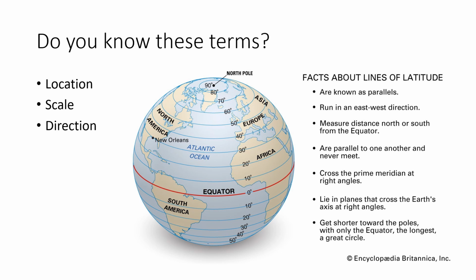So we as geographers know that the equator is at 0 degrees. Okay, so it's neither north nor south. So any belt that's above the equator is going to be a certain number of degrees towards the north.